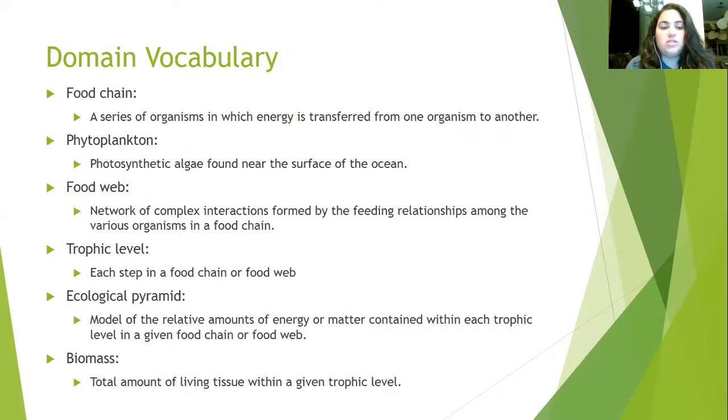Trophic level is each step in a food chain or a food web. Ecological pyramid: a model of the relative amounts of energy or matter contained within each trophic level in a given food chain or food web. And finally, biomass. Biomass is the total amount of living tissue within a given trophic level.